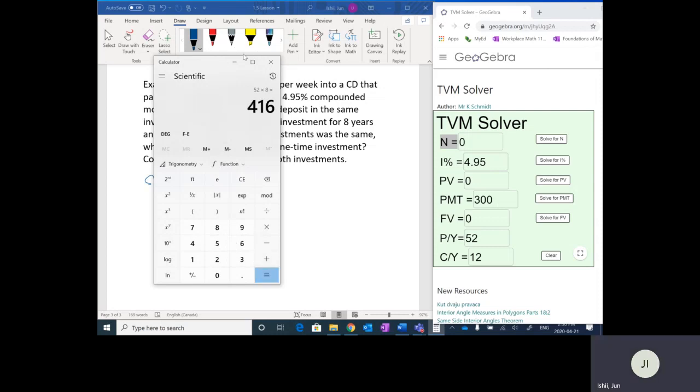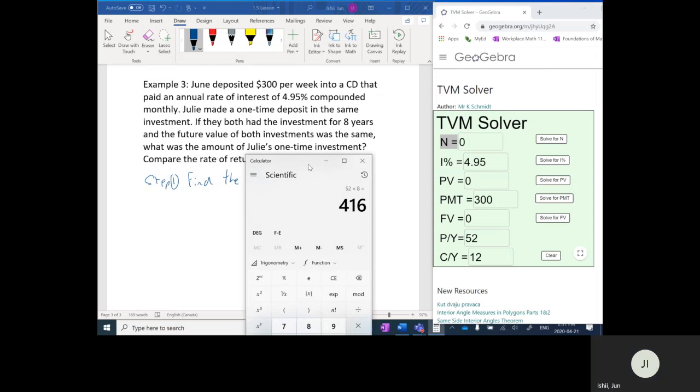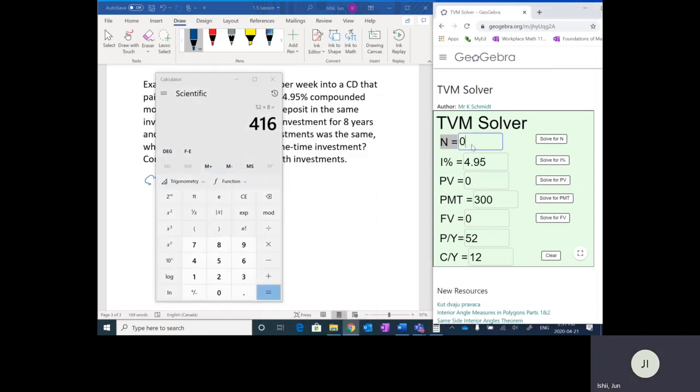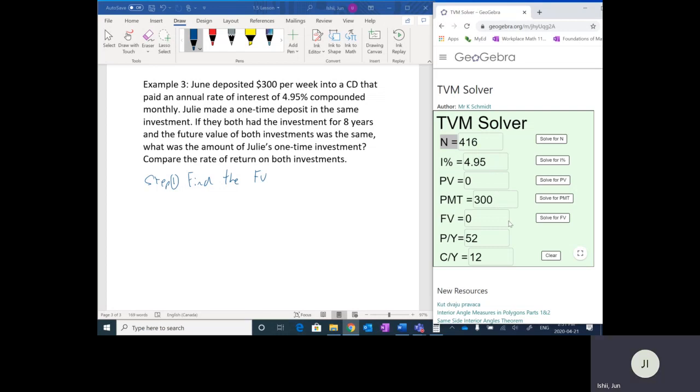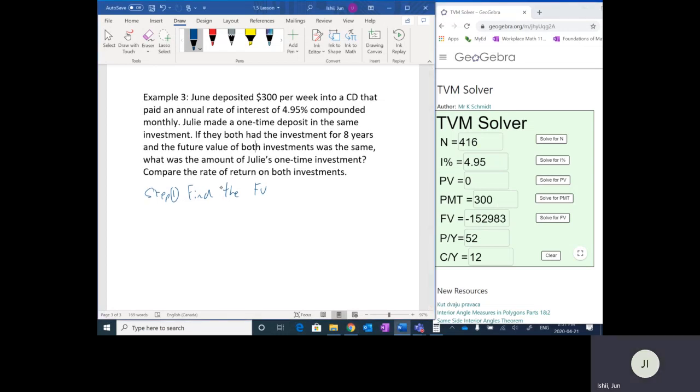All right, so that is 416. Okay, so let's get the final value. So the future value is $152,983.